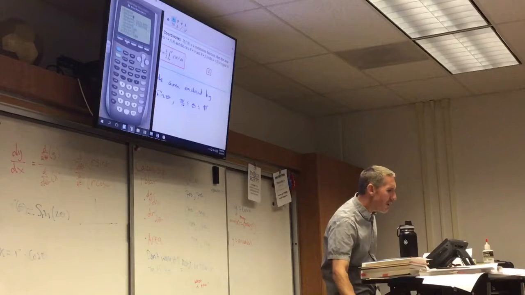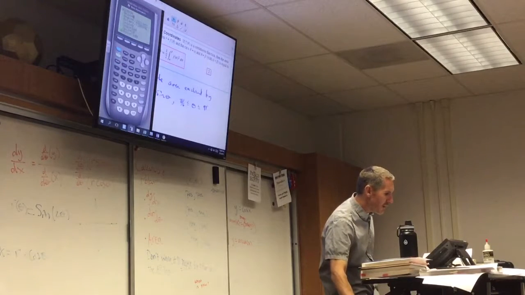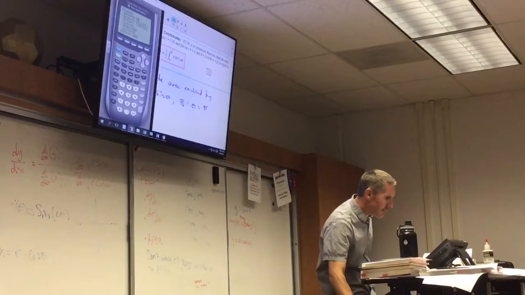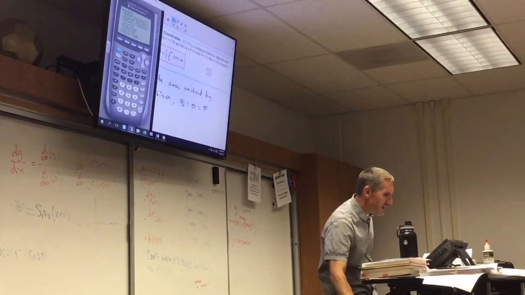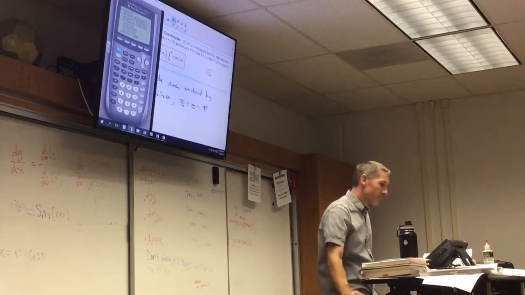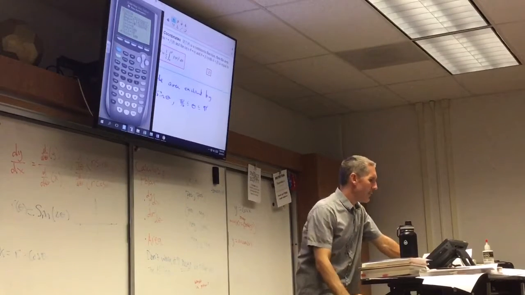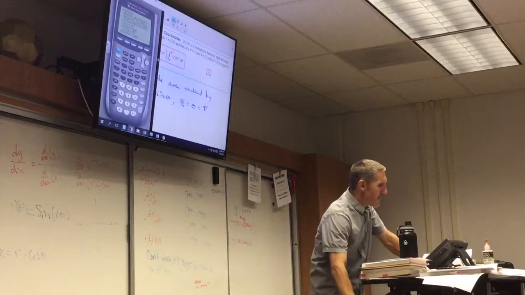Now on my window, my theta min is pi over 6, and my theta max, what did I say, pi? And then it has your theta step, which you could leave at that, 0.13 something.